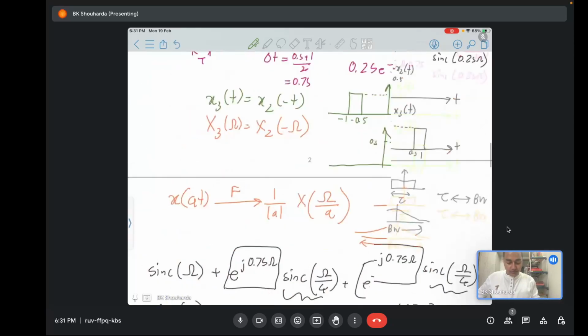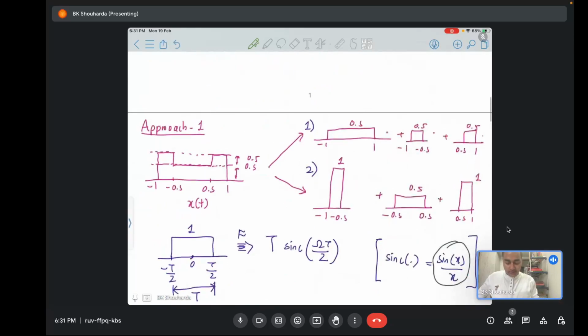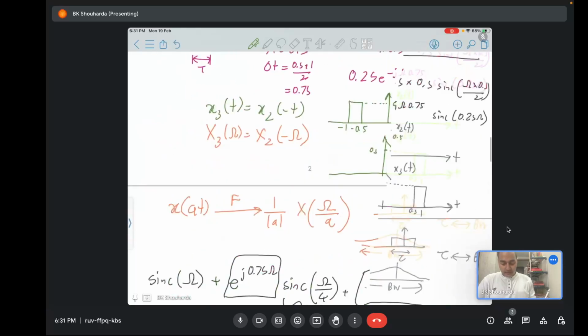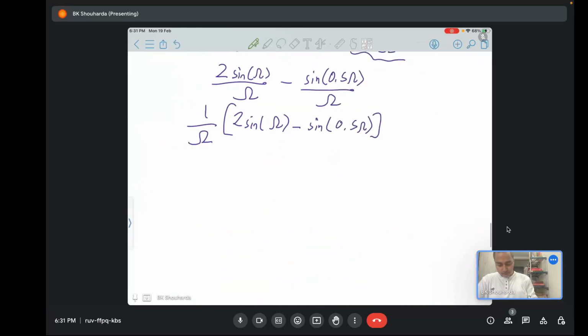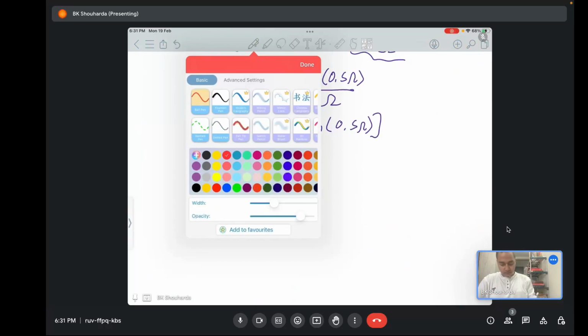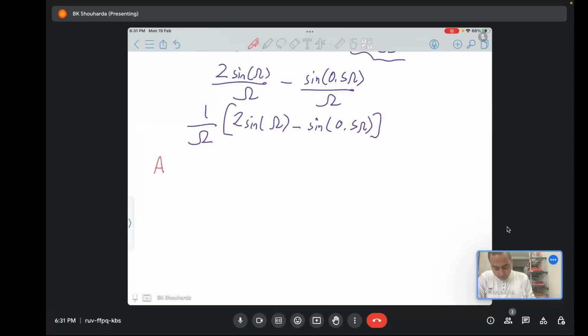Okay, this is the first approach, where you actually break down the single rectangular signal into sub signals. This is approach 1. Now let me show you approach 2. So in approach 2, just hold on a second.